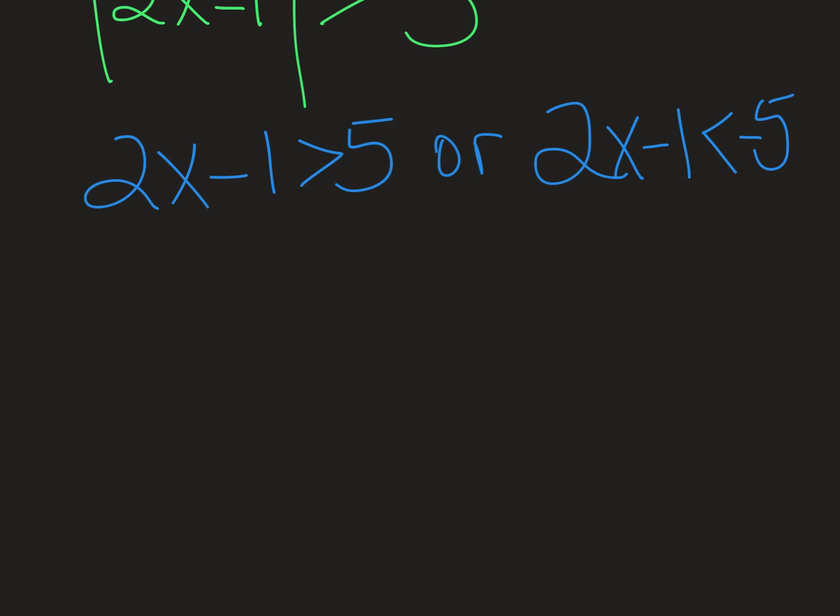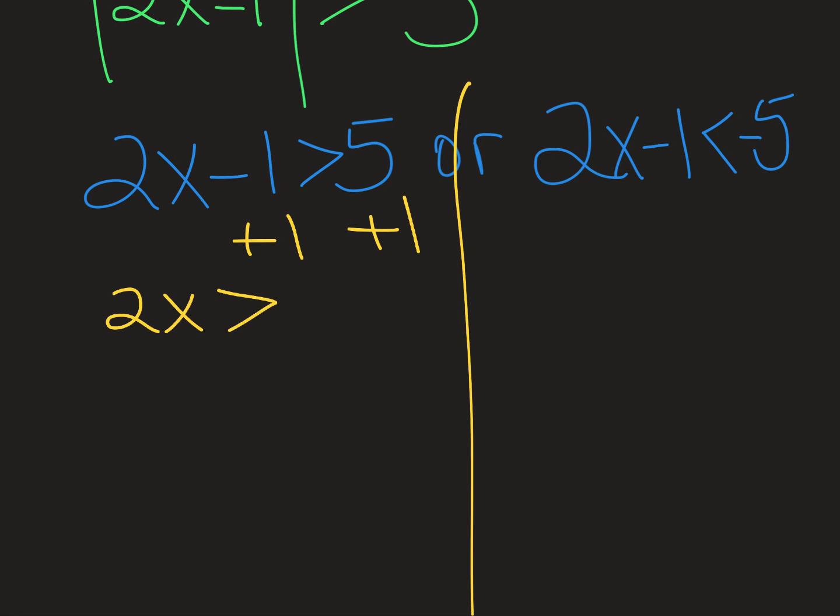Okay? Now let's solve these. So I'm going to add 1, add 1. That gives me 2x greater than 6. Divide by 2, divide by 2. X is greater than what? 3. Thank you.